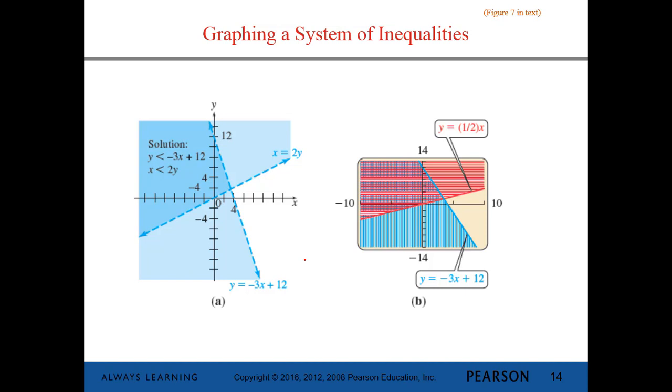If you use the calculator, you have to solve each inequality for y. You have to have it in slope-intercept form because that's the only way the calculator will allow you to plot the lines. Once you plot the lines, you can then change the shading once you use a test point.